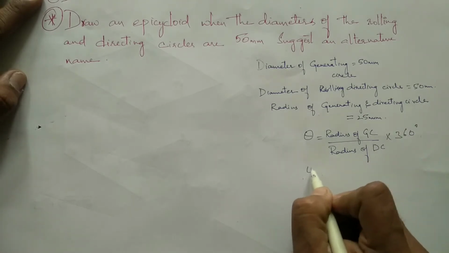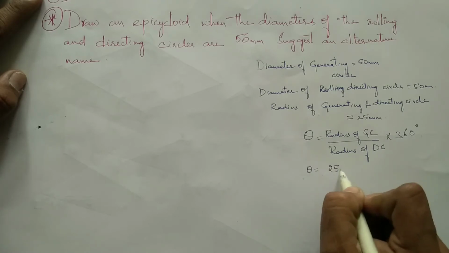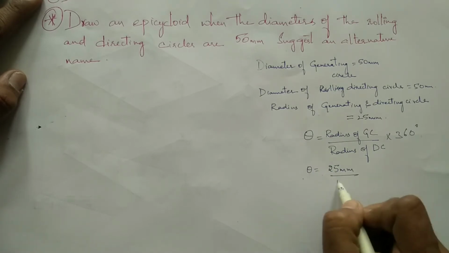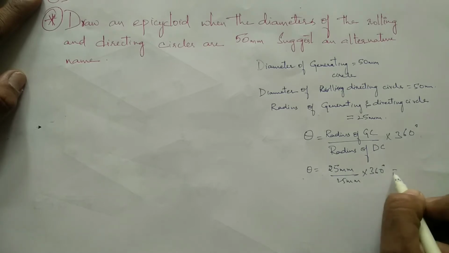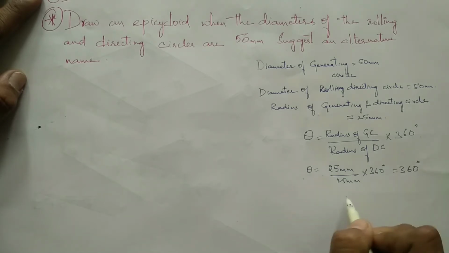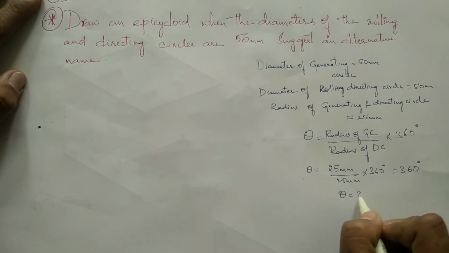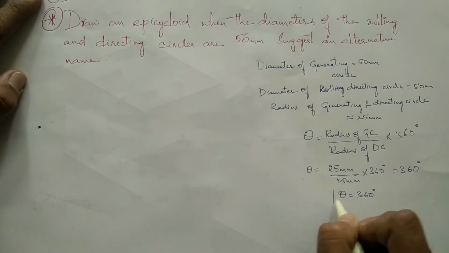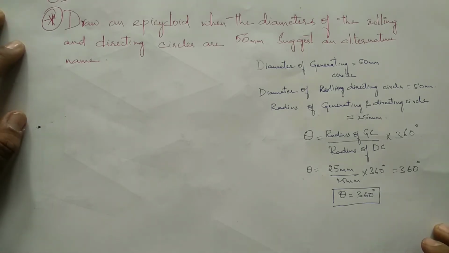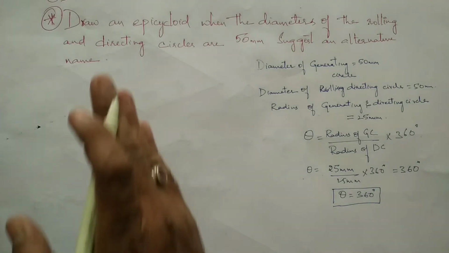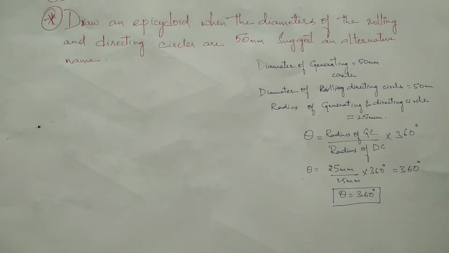As both are the same, 25 mm by 25 mm into 360 degrees, the angle of rotation for obtaining the curve for one complete revolution is 360 degrees. Now we shall see the construction.